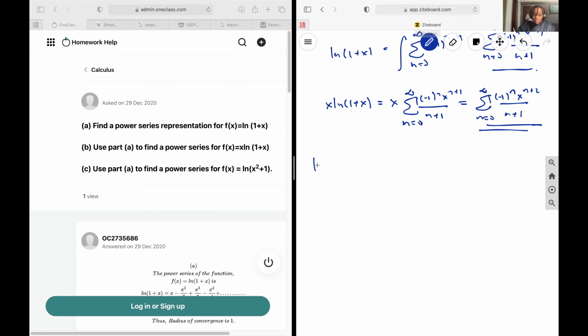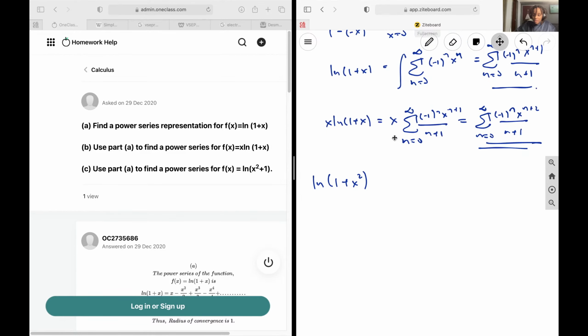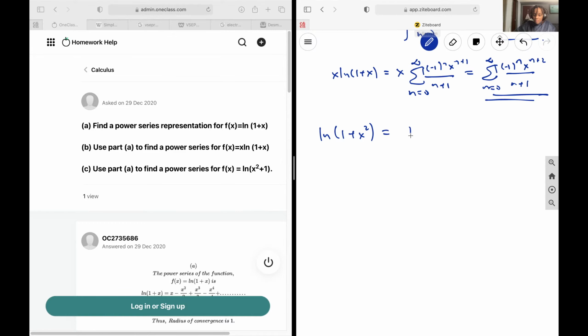Lastly, you want to find the power series of ln of 1 plus x squared. To do that, we're going to simply substitute x squared into our expression here. It becomes negative 1 to the power of n, x squared to the power of n plus 1, over n plus 1.